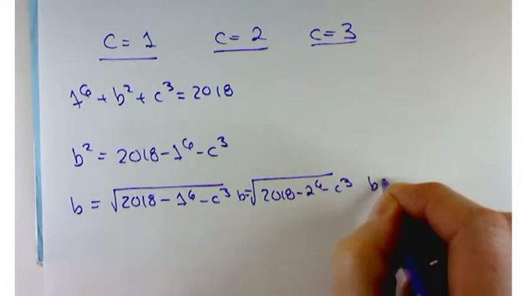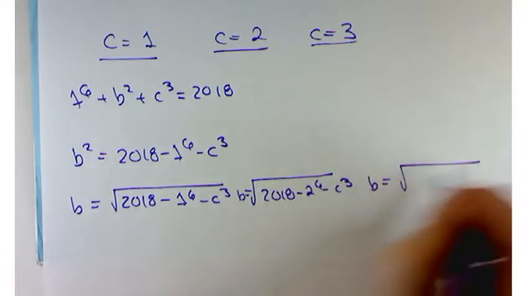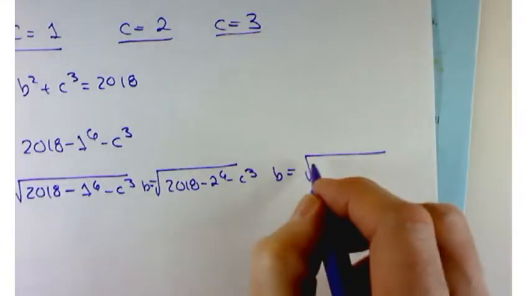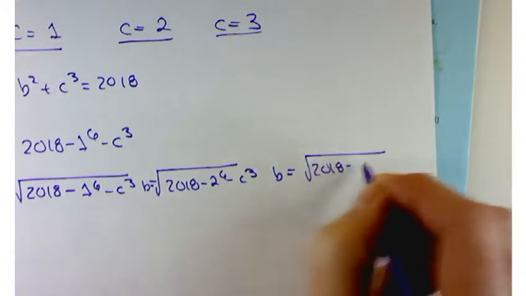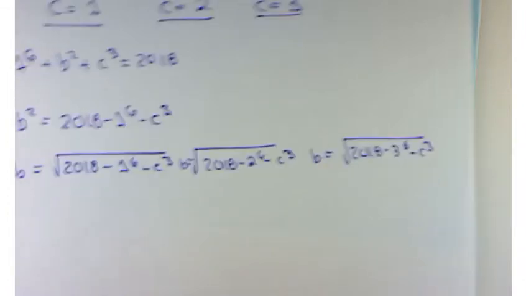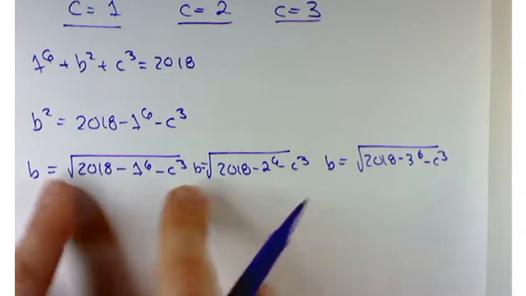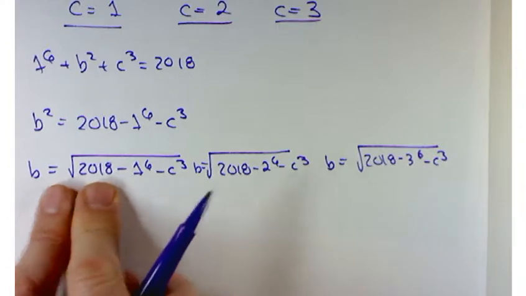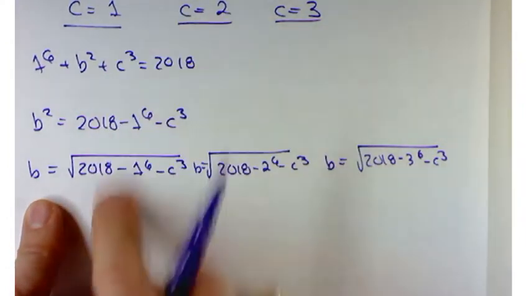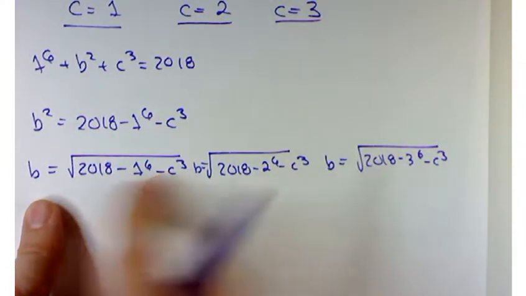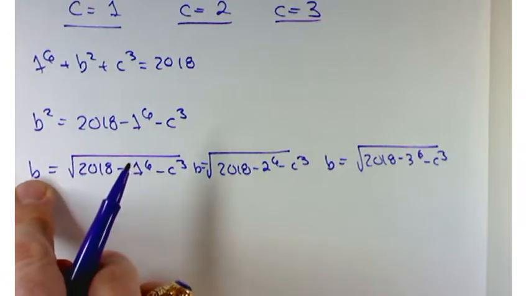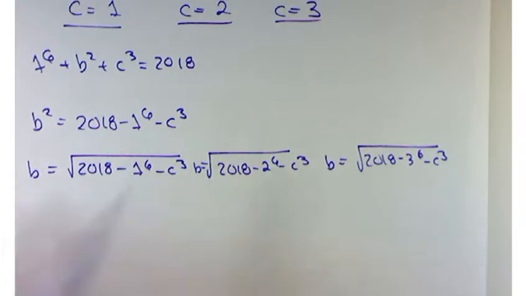And the last one, the last column where A is 3, 2018 minus 3 to the 6 minus C cubed. Great. So you've got all 3 possible expressions depending on the value of A, and you're looking for values of B that are nice integers. Well, let's take out our calculator and just let our calculator grind through this, because we can get this really quickly.